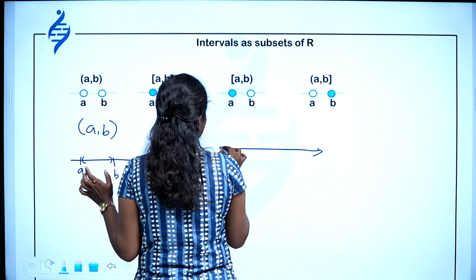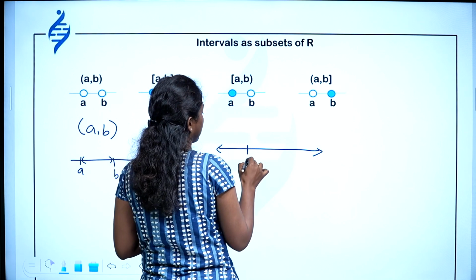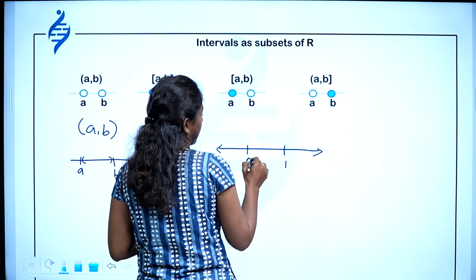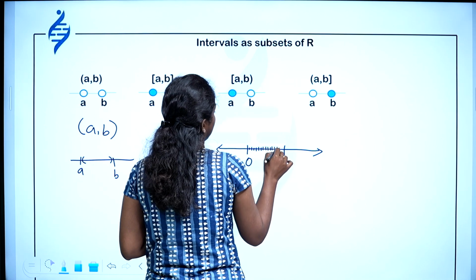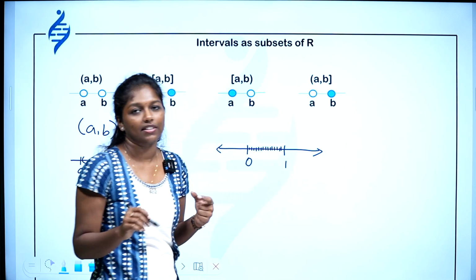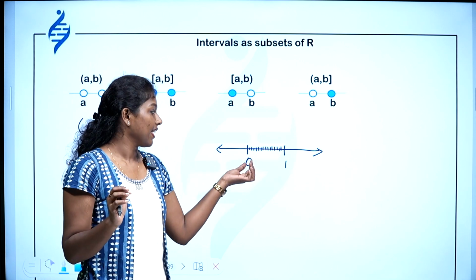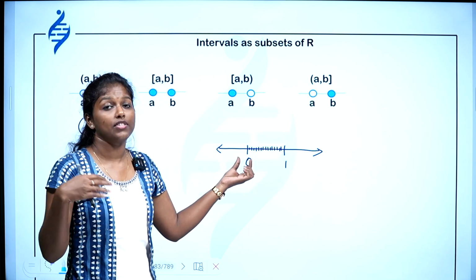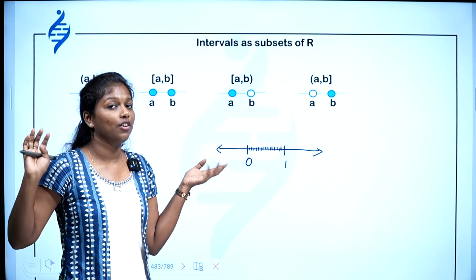I have drawn this figure. This figure means I am considering a number line, the real number line. So I am considering 0 and 1, and all those numbers in between 0 and 1. How many numbers will be there in between 0 and 1? There will be infinitely many numbers, right? I can find 0.1, 0.001, 0.002, etc. We cannot count them.